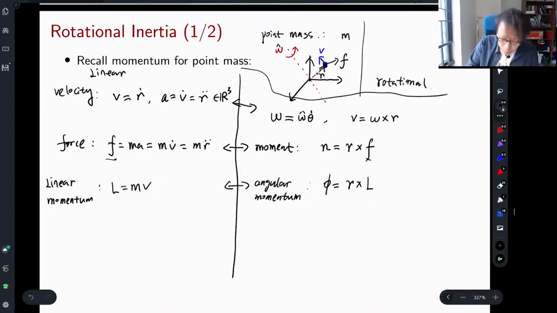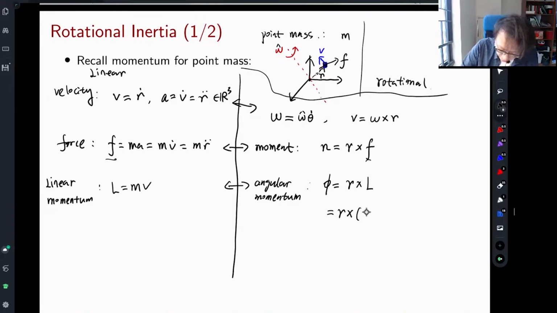What I want to dive into in a little more detail is here. Here is the point mass, and this is the angular momentum, r cross L. Let's substitute L. That's r cross mv, right? The velocity v due to this rotation is omega cross r.